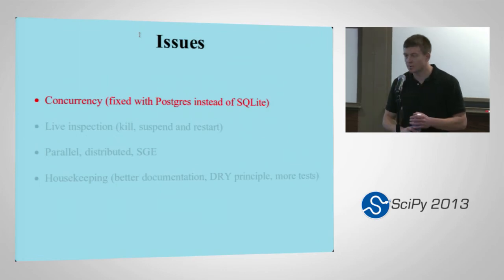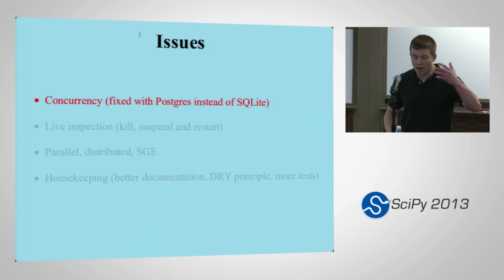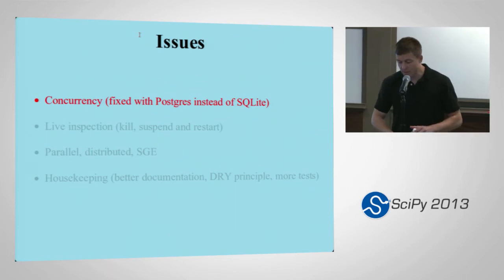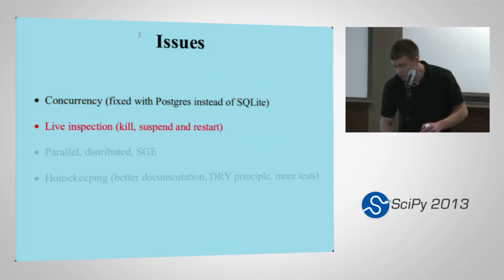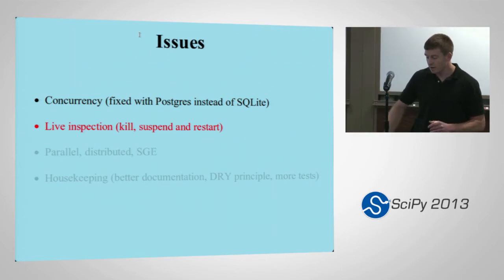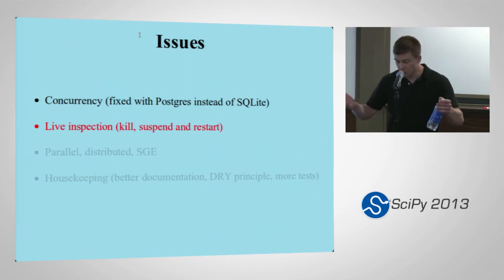So what are the issues with Sumatra? Well, one of the issues was concurrency. If you launched a number of jobs at once, it would crash the SQLite database. I submitted a patch recently to update to Postgres, and that has improved things considerably. Also, we want to be able to inspect jobs that are running. We can't currently do that, so you can't see the jobs that you've launched with Sumatra.